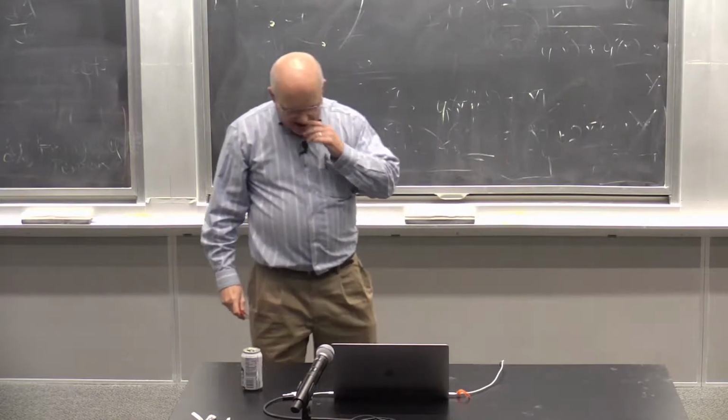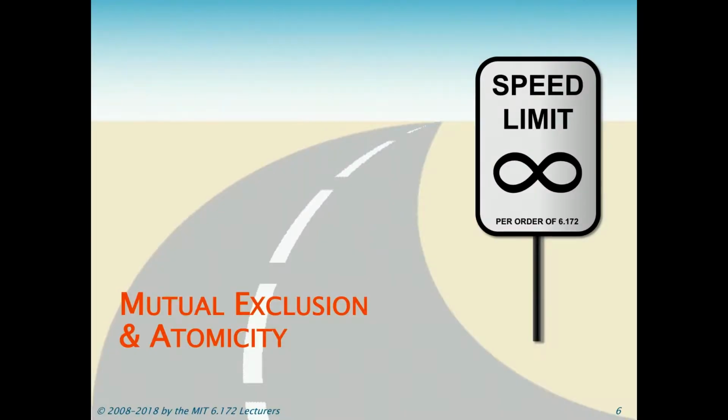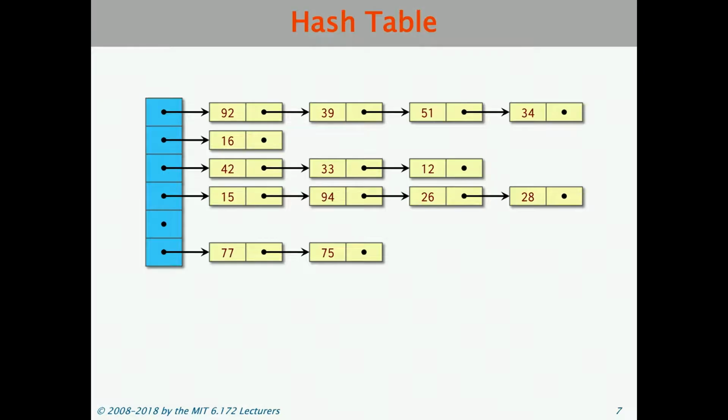Okay? And we're going to start out by talking about something that you've probably seen in some of your other classes, mutual exclusion and atomicity. So I'm going to use the example of a hash table. Here's a typical hash table. It's got collisions resolved by chaining, so you have a bunch of linked lists.